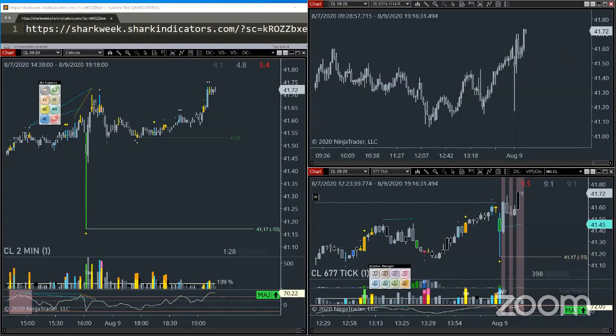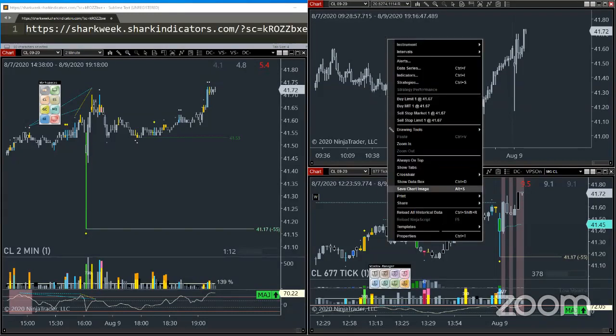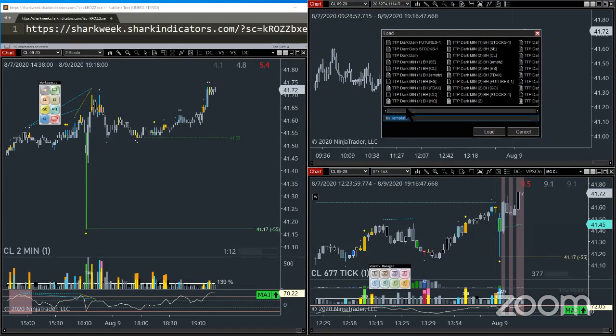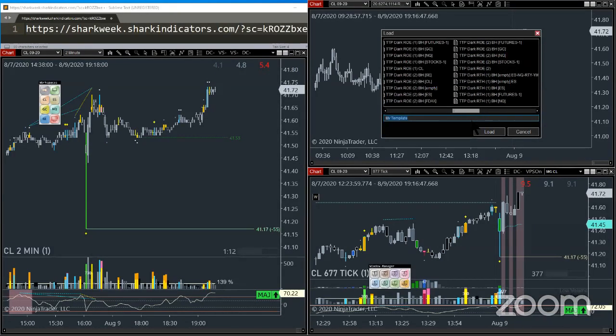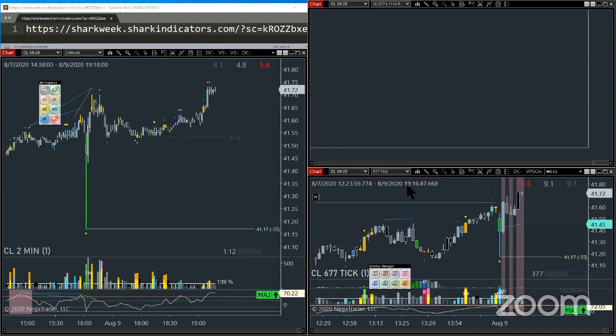All right, but this is 23764627. So this is the row 2 here, so I'm going to load the row 2 template on that one. And this is the row 1.